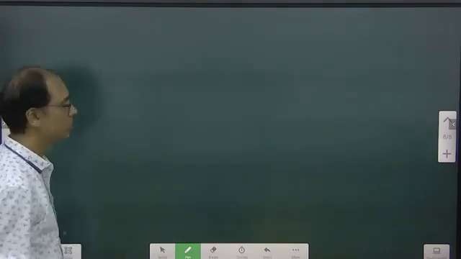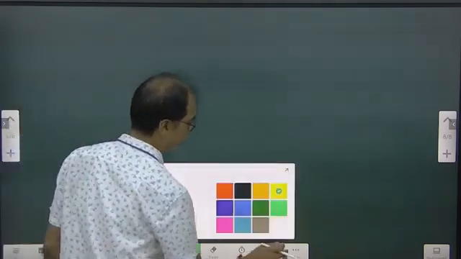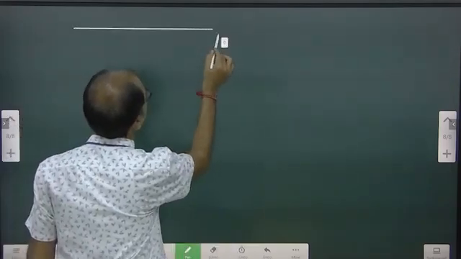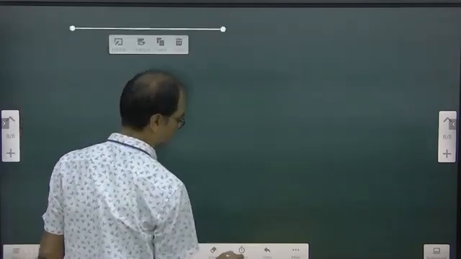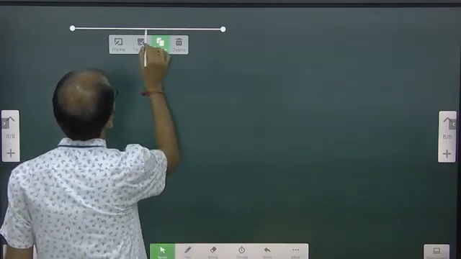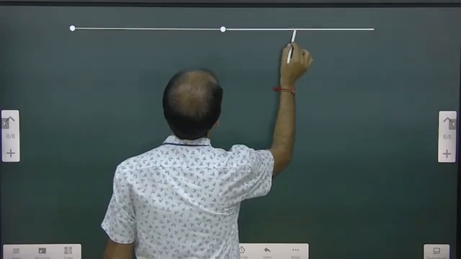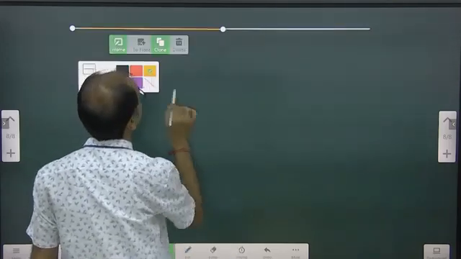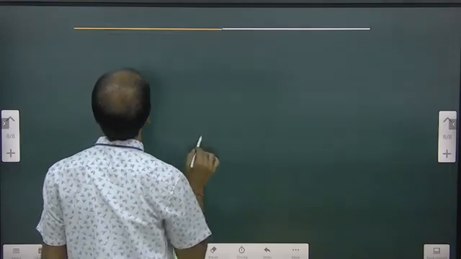Now denser to rarer medium. This time we'll make two strings first. This is string number 1, and let's take its clone itself and color it.